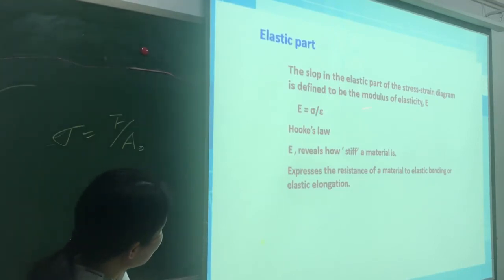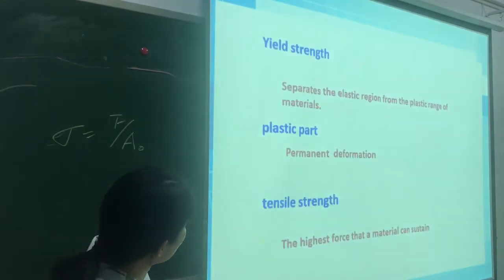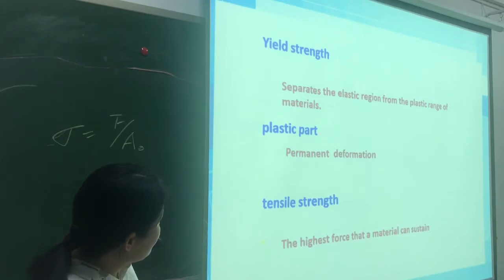The modulus of elasticity reveals how stiff a material is. Yield strength separates the elastic region from the plastic region of the material. Plastic part, permanent deformation.